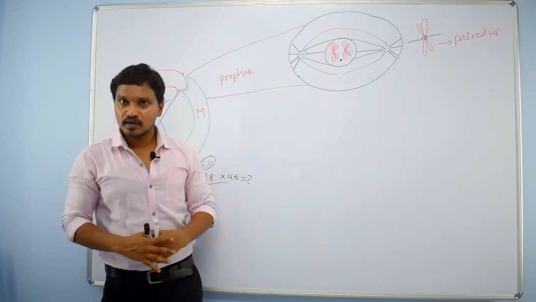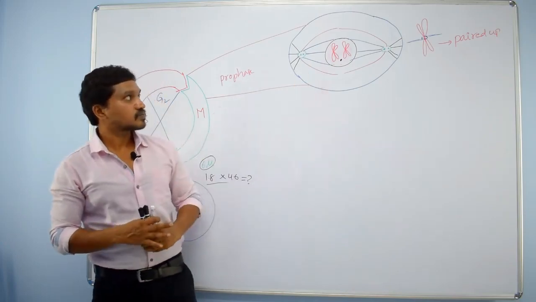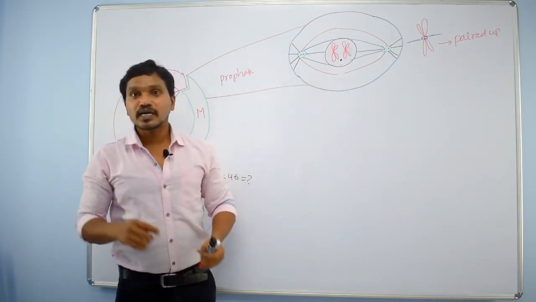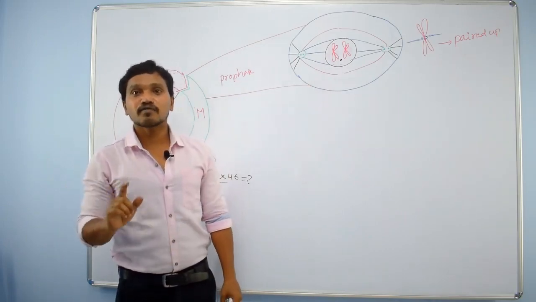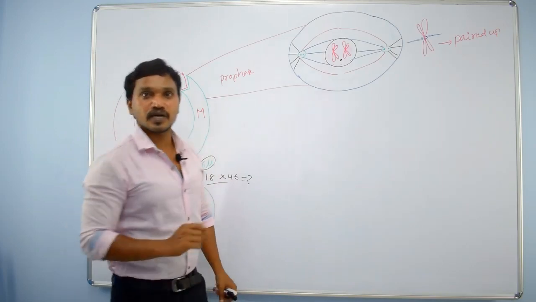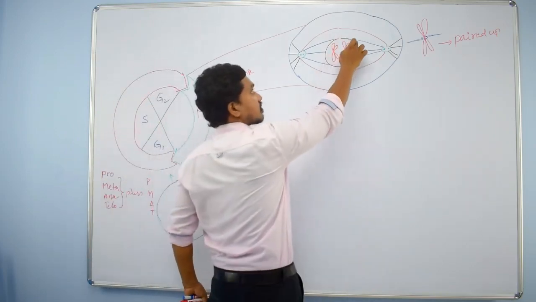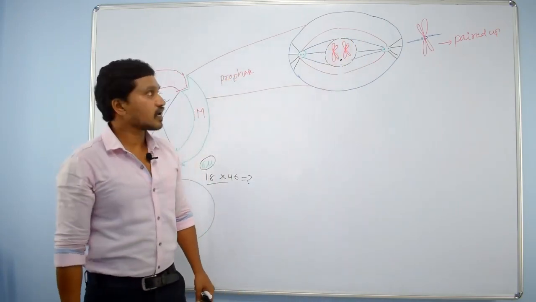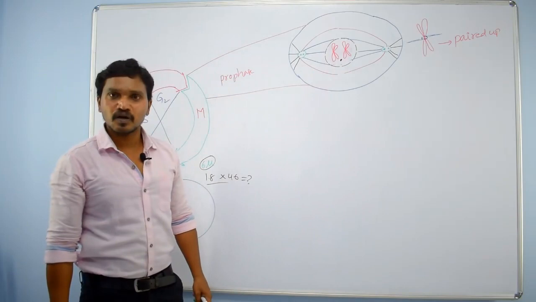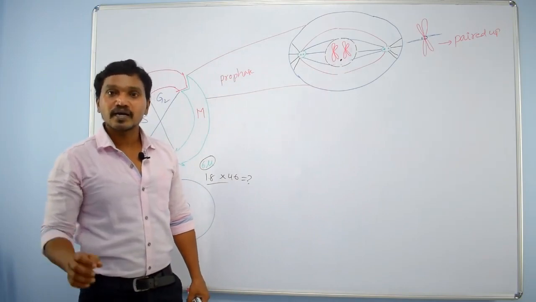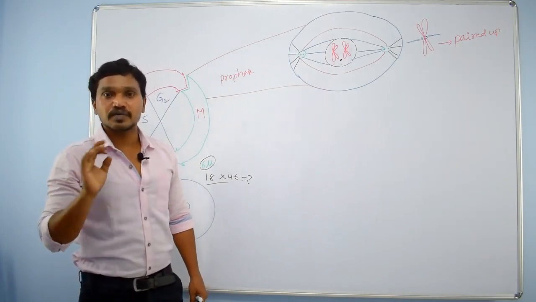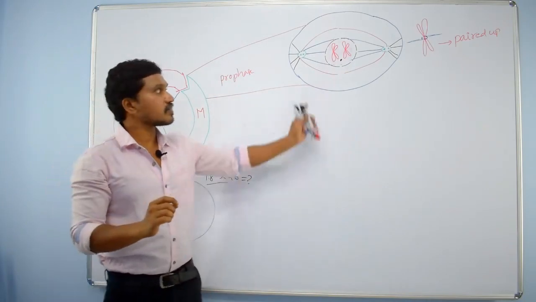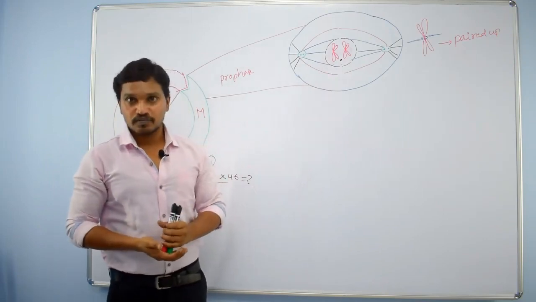Clear? Right. Now, after formation of the aster, there will be disappearance of the nuclear envelope. See here, this nuclear envelope will disappear. How? By phosphorylation of lamins, which are present underneath the nuclear envelope.